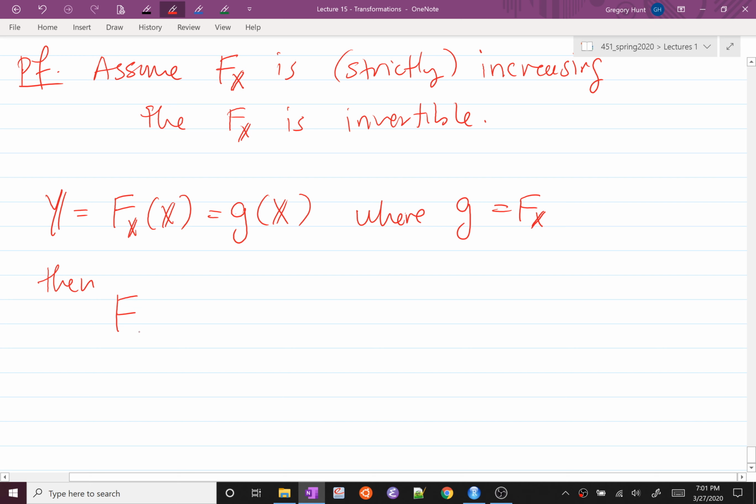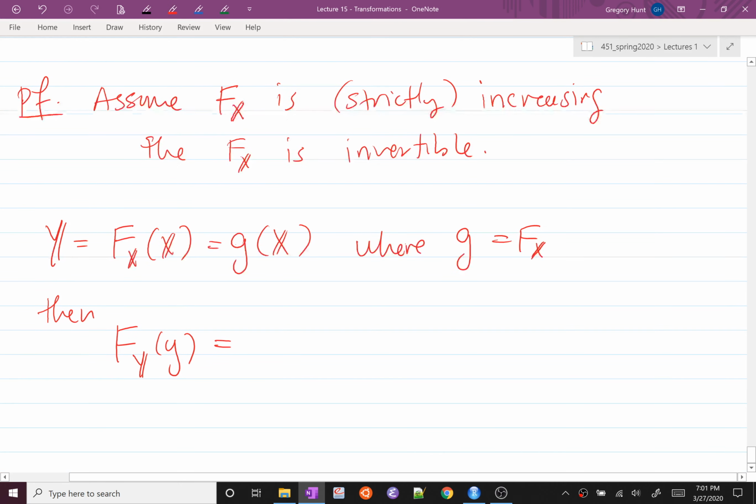The CDF of Y, we have a theorem for what the CDF is in this continuous case. The CDF of Y, F_Y of y, we have an increasing function, and we're looking at g of X. So the CDF of Y, we know, is the CDF of X, and then we plug in g inverse of little y here, right? That's just our theorem from way far above.